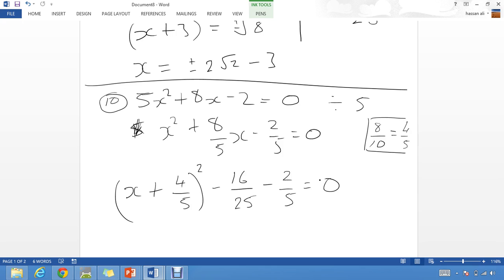So you've got 16 over 25 minus 2/5, and that will give you 26 over 25. So that will give us a minus 26 over 25, and that will equal 0.